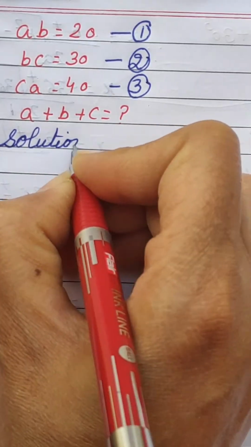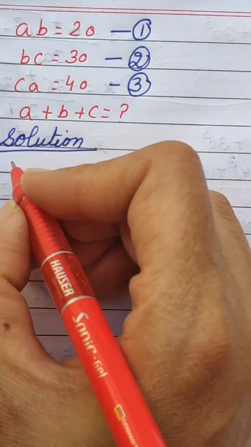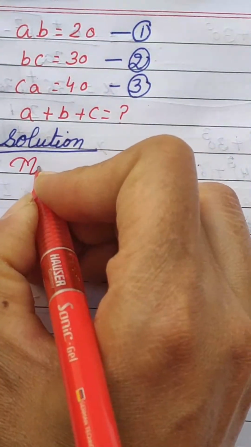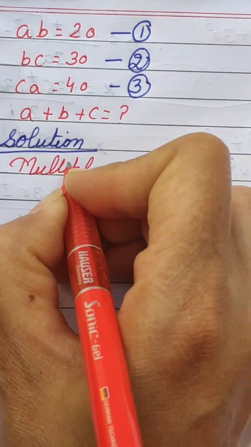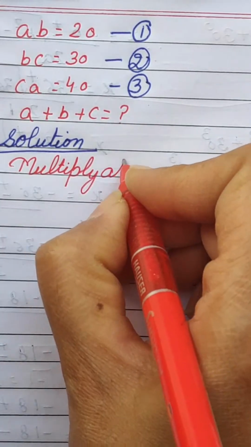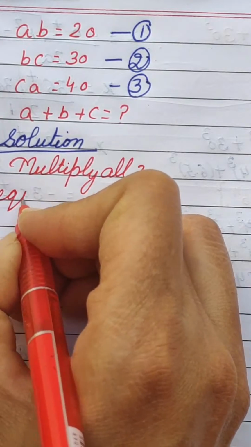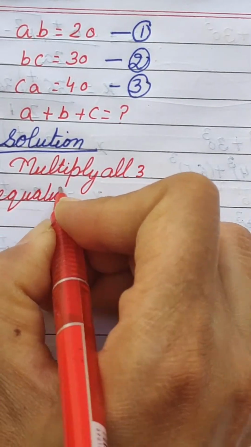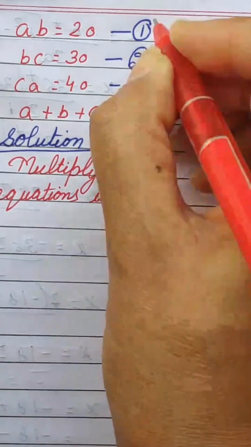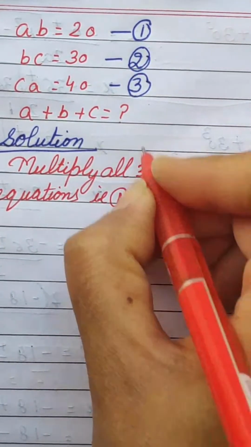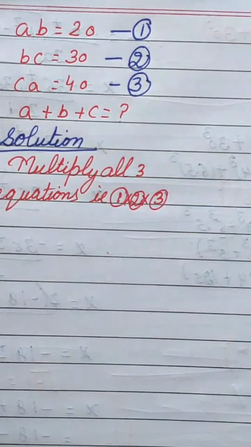So the solution of this is, the first work you have to do is multiply all three statements, all three equations, that is 1, 2 and 3.